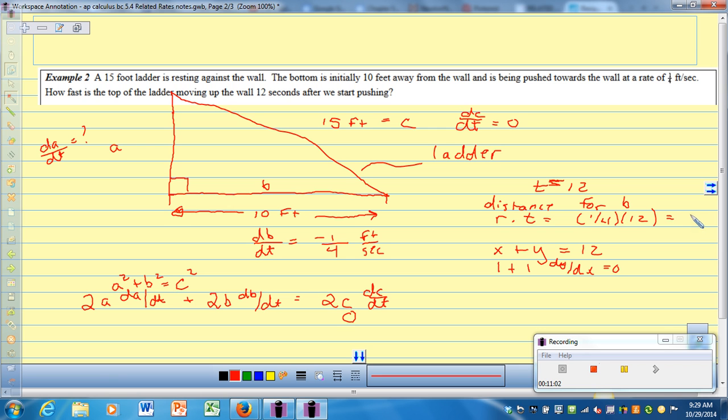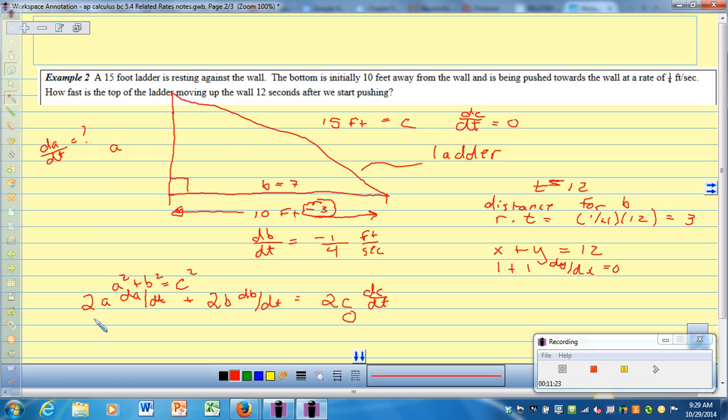So it has moved 3 feet. So my B is not 3, my B is what? My B is going to be 7. So we show that we shorten this up. So our B is 7.